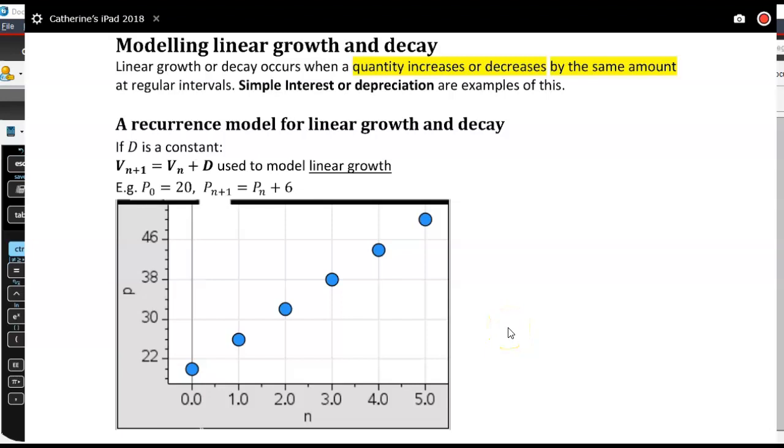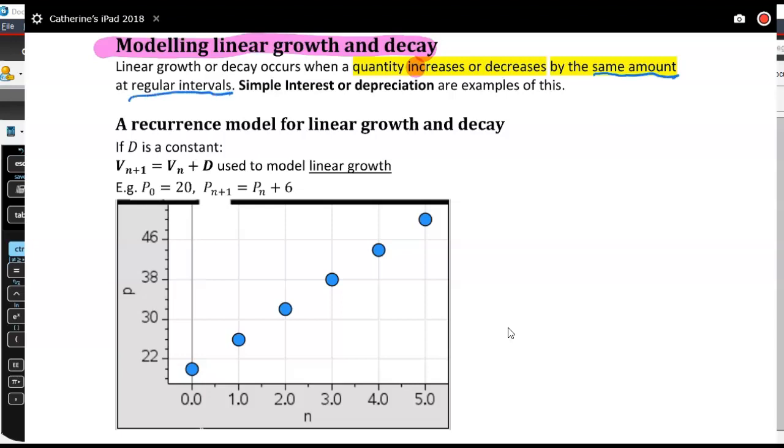Right, in this video we're going to talk about modelling linear growth and decay. Linear growth or decay occurs when a quantity increases, that's growth, or decreases, that's decay, by the same amount at regular intervals.